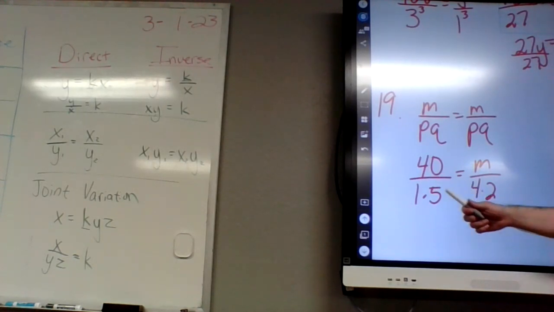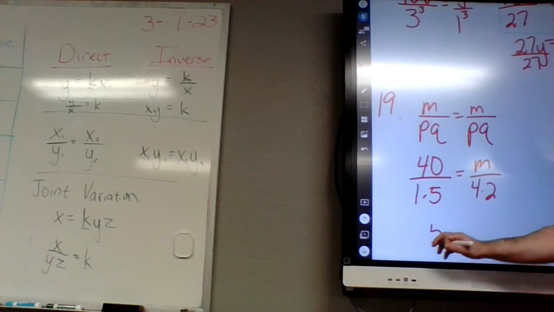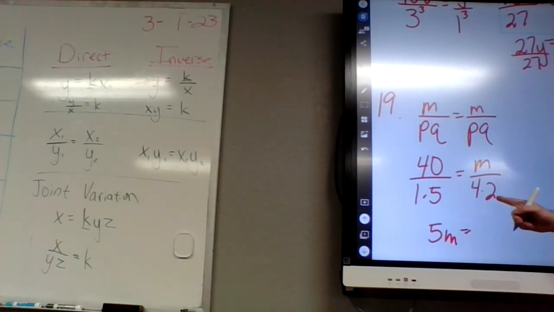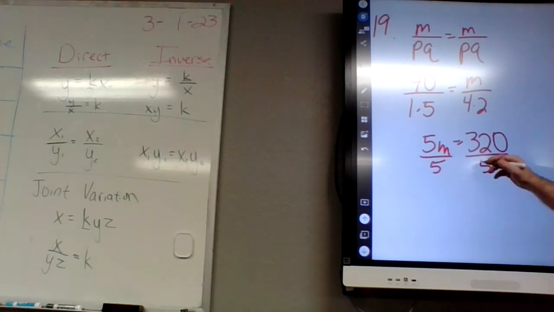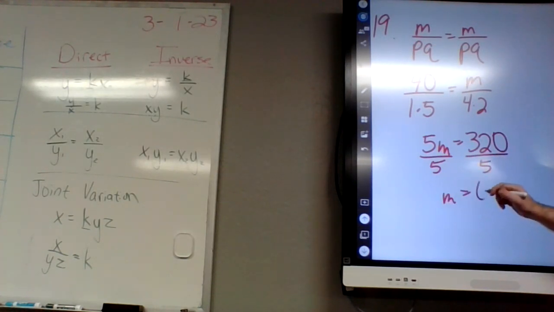So this is 5 times m, 5m equals 4 times 2, 8 times 40 is 320. 320 divided by 5 is 64.